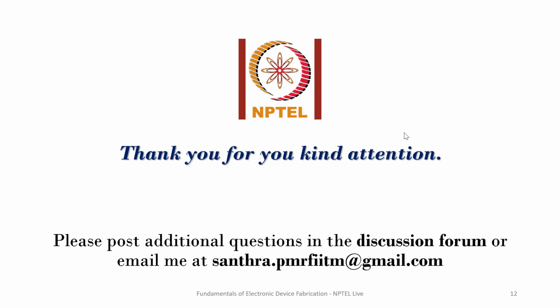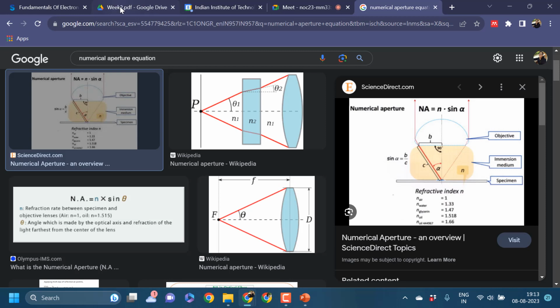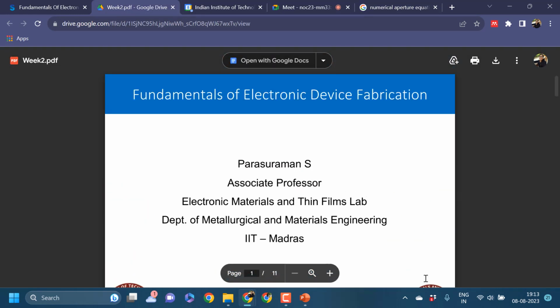So first, another small point that was discussed in last week's lecture was, what is the difference between homojunctions and heterojunctions? Can anybody tell me the difference between homojunctions and heterojunctions in case of semiconductor materials?